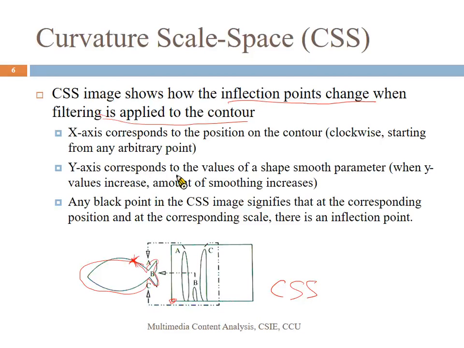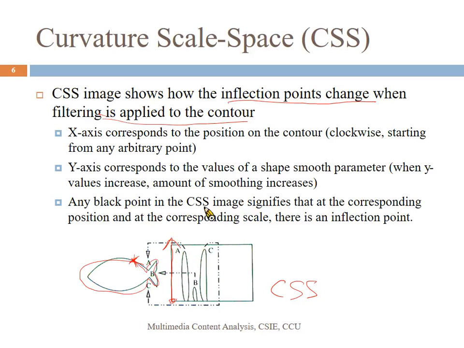So the x-axis corresponds to the position on the contour. The y-axis corresponds to the values of a shape smoothing parameter. So we will apply different smoothing parameters, in different scales, and we will get different versions of smoothed objects. Then by checking these smoothed objects, we will find these values.